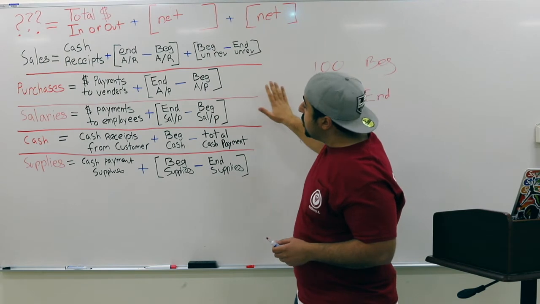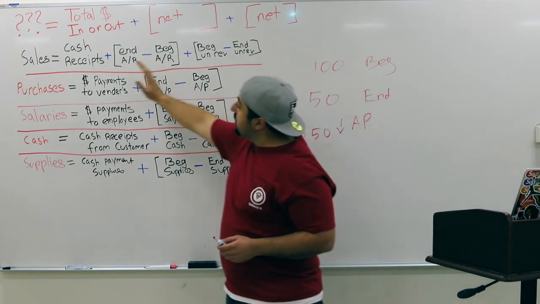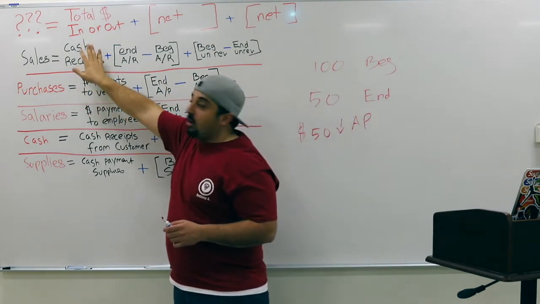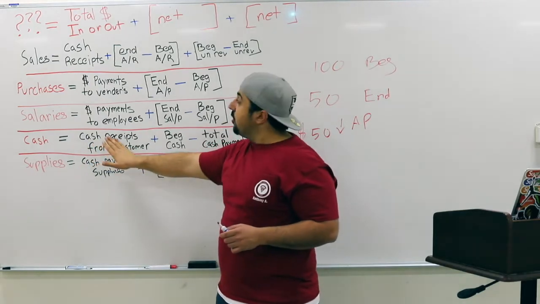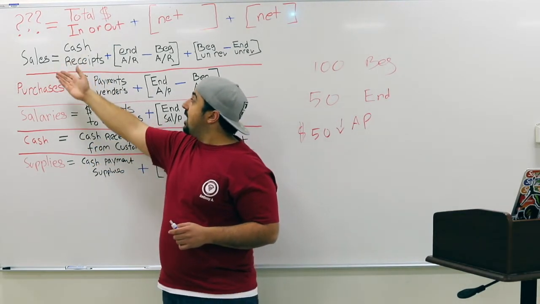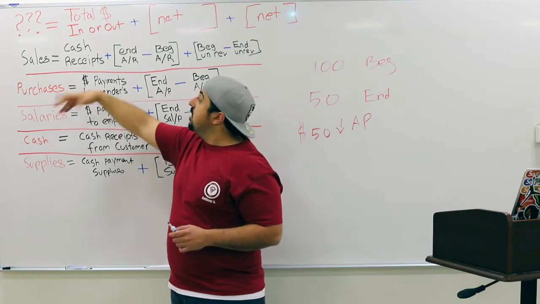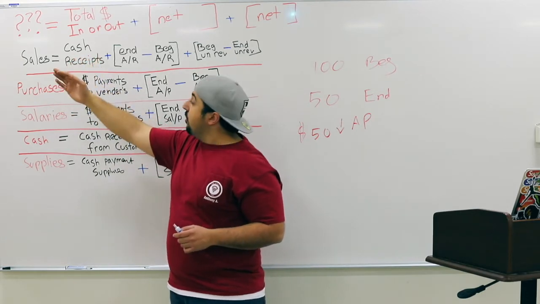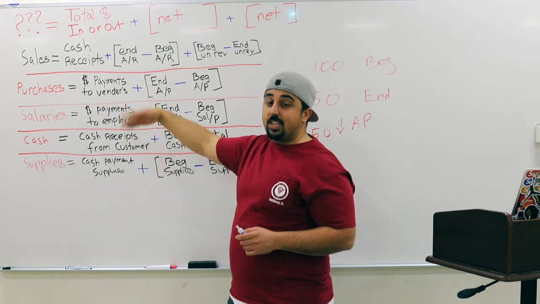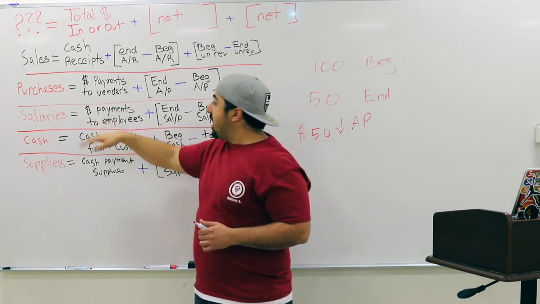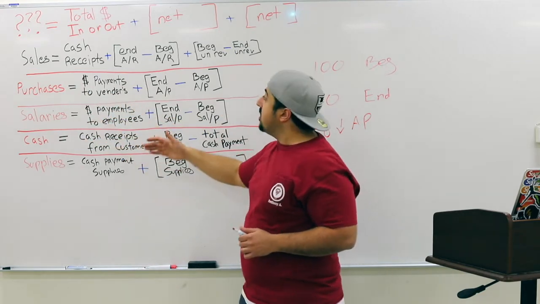So generally, if you notice, we're dealing with all cash outflows over here. So this one's cash receipts of inflow, total payments to vendors outflow, and payments to employees outflow again.